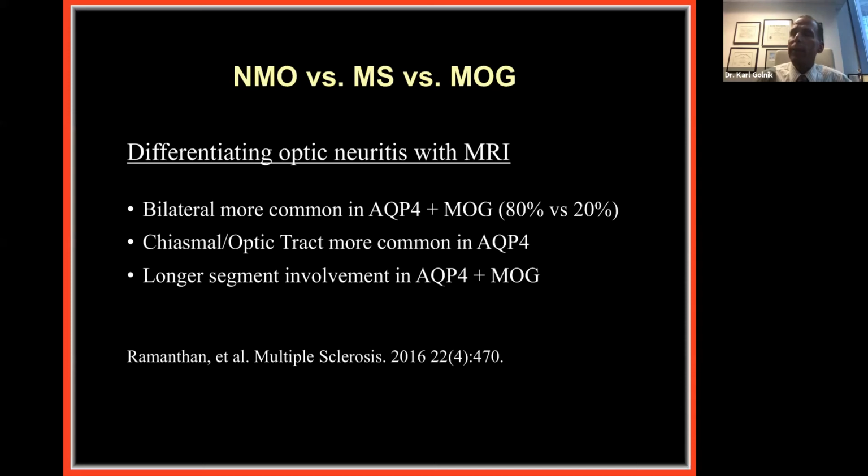So clearly, if it's simultaneous bilateral, that's what we call a red flag, a big caution. This is probably not demyelinating. The study also found that chiasmal and optic tract involvement were more common in NMO. And again, that longer segment involvement was not just more common in NMO, but also more common in MOG.